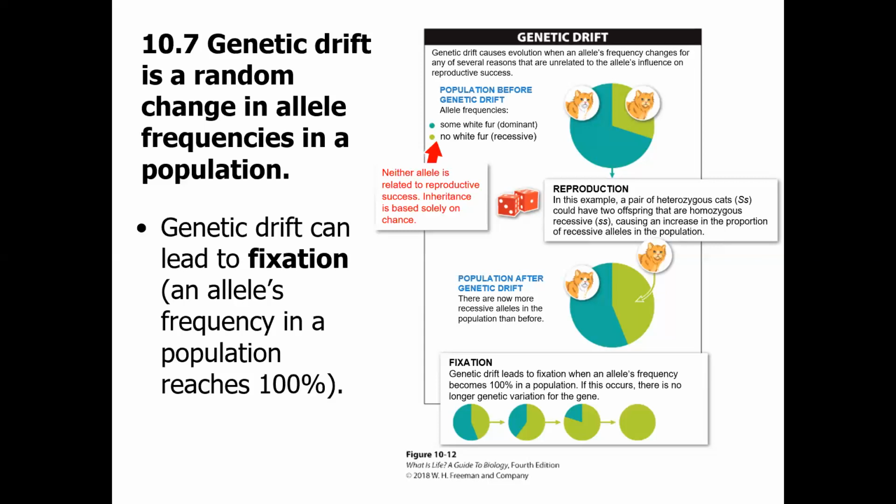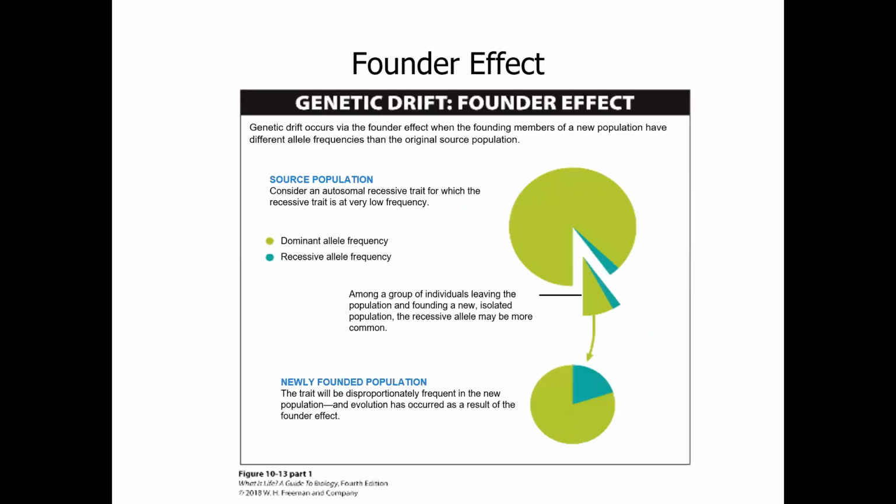And we have 2 specific types of genetic drift. The first is what's referred to as the founder effect. And the founder effect is when you have a small number of individuals that leave a population and basically become the founding members of a new population.